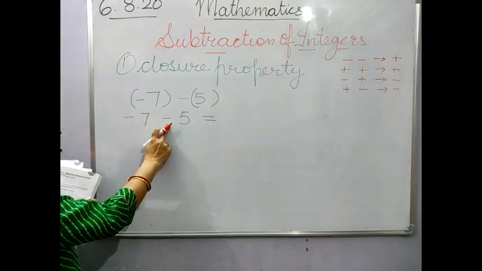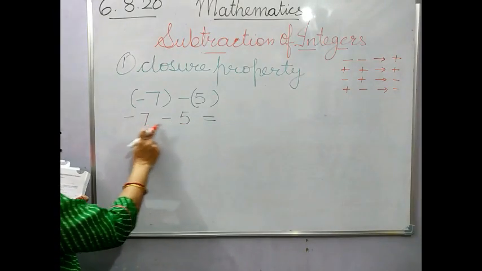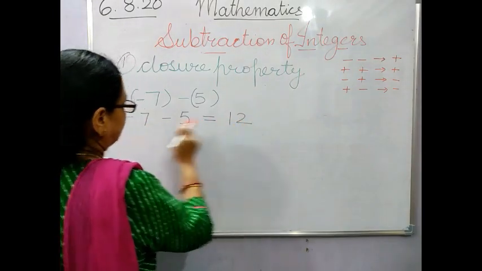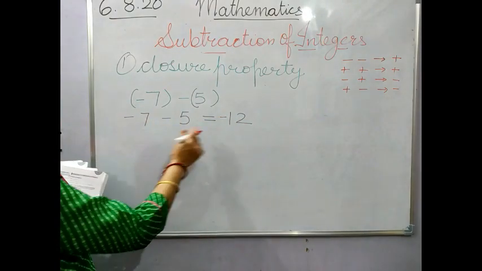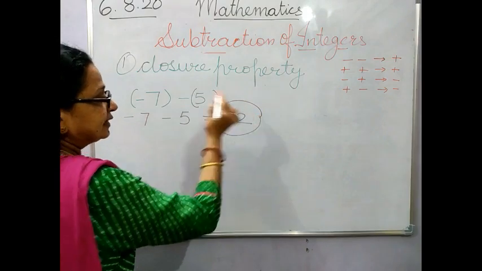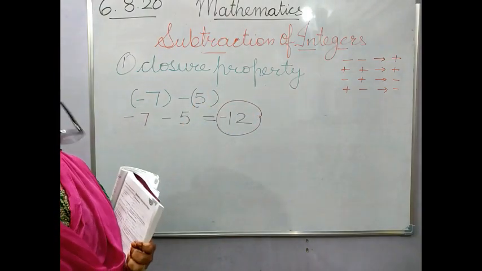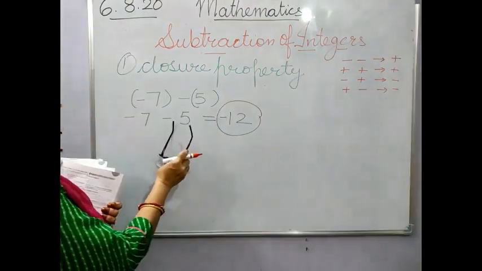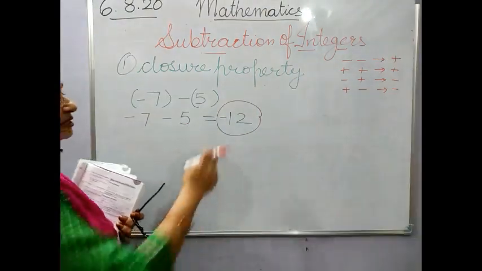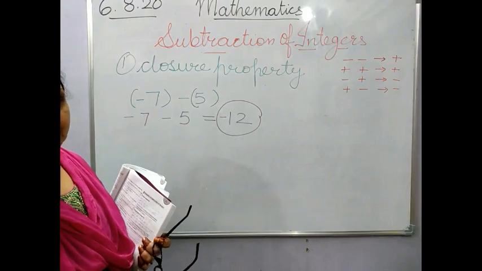Two same signs, so we will add them. 7 and 5 is 12, and we put the same sign. You know this is a negative integer. That means it is an integer. When you have subtracted the two integers, the answer is also an integer.